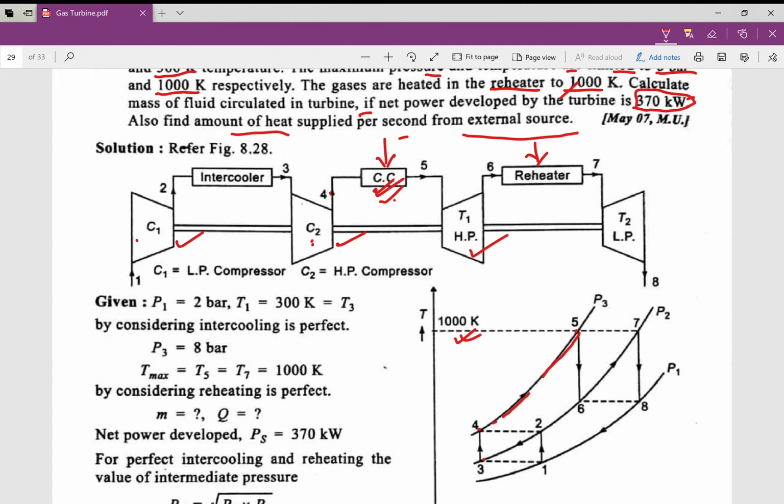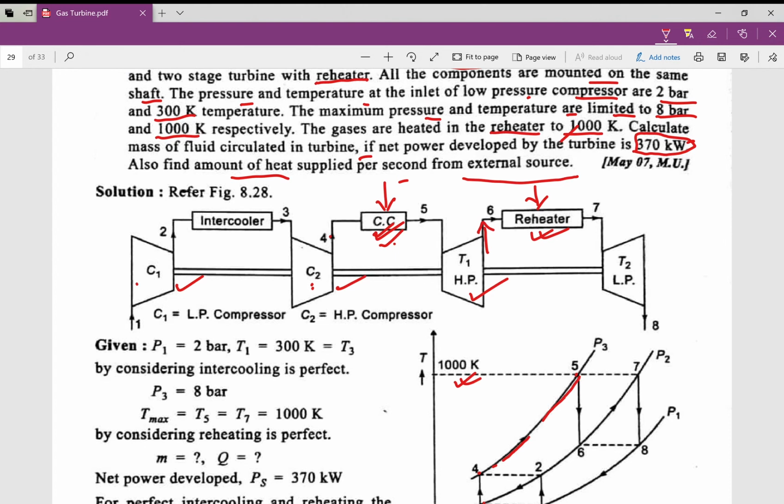After producing power in the high pressure turbine, this hot gas goes to the reheater, and again another amount of heat is supplied to this reheater here. So 5 to 6 is your isentropic expansion in the HP turbine, and then it is reheated in this process, from here to here, that is your 6 to 7.